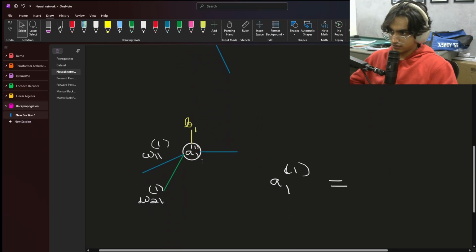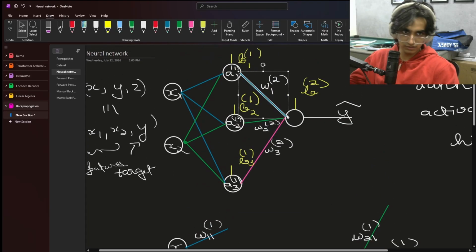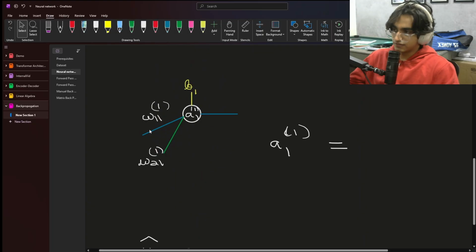So how is it going to look? What will be the output that comes out of here, this blue line? The output A1, as we can see, we've got W11 coming, W21 coming, and we've got its bias.